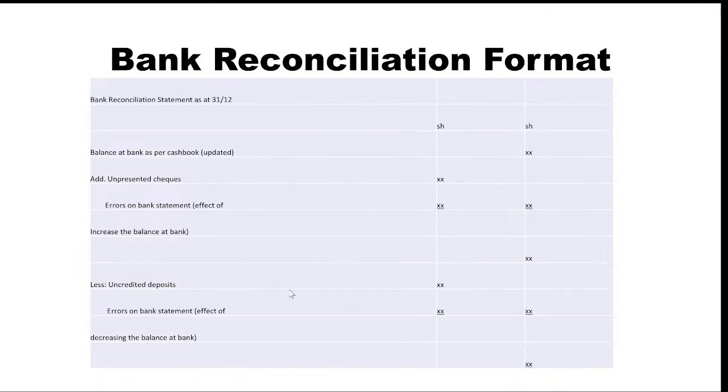So you don't need to mix them. You have to take one group and the other group separately. So you can utilize this format, or the one that I've explained, whereby you start with adding the uncredited deposits and erasing the unpresented checks and the errors of the bank statements.